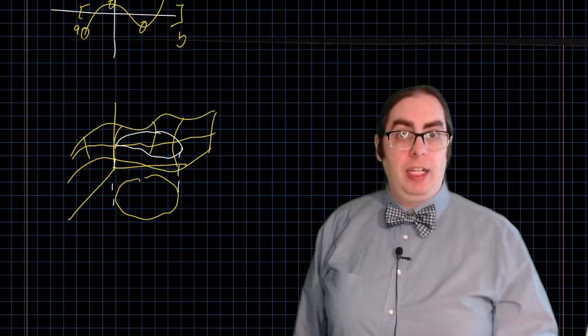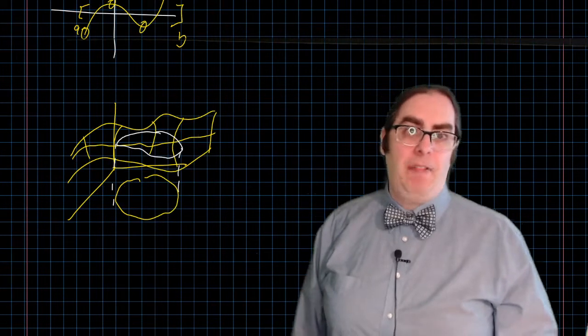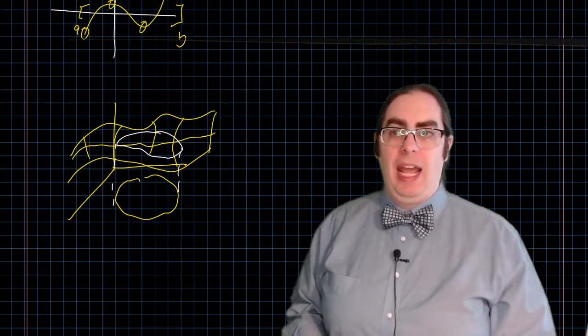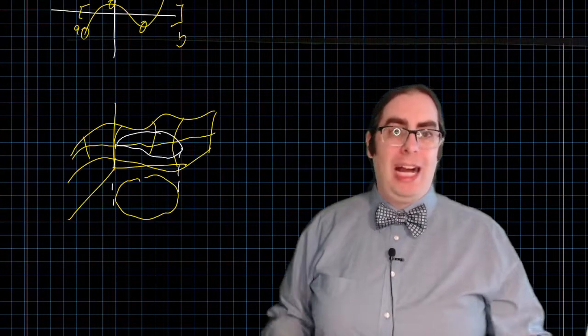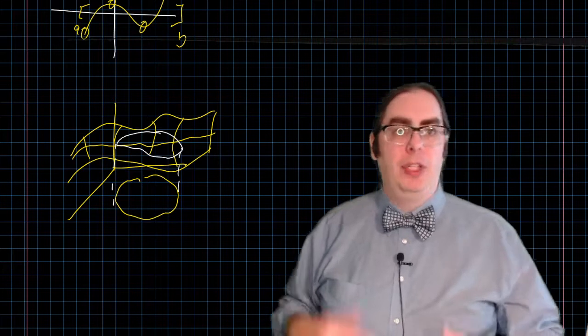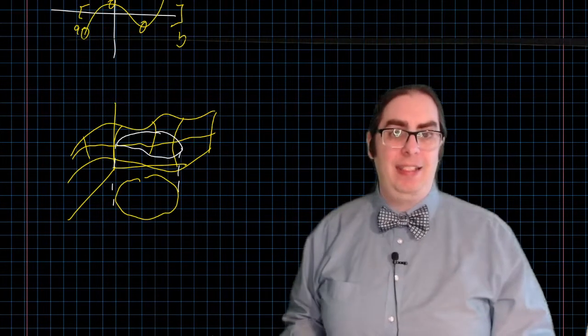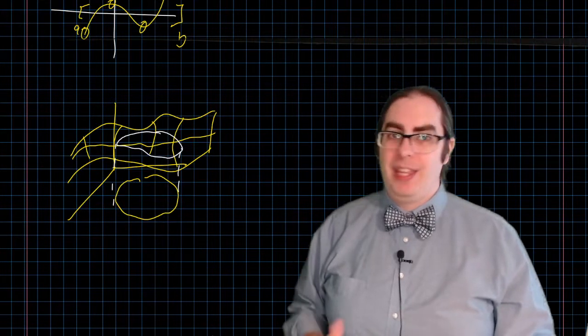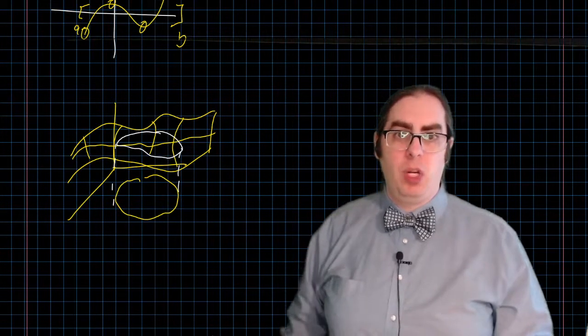You can find the maximum and minimum of that using the tools that you learned in Calc 1. And then your extreme values are either the extreme values of the boundary or something that happened at an interior point of the region where you had relative extrema. That absolutely works. There's nothing wrong with that.